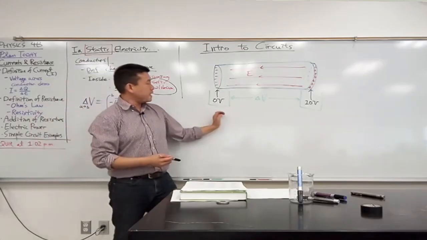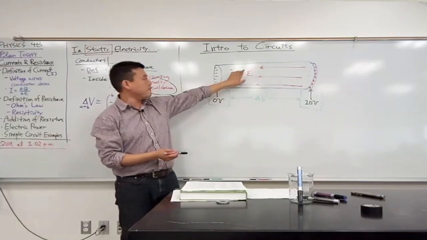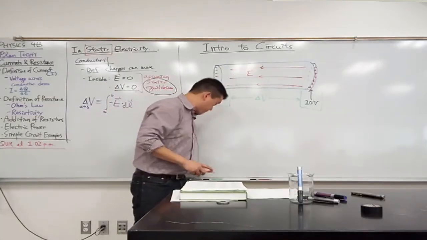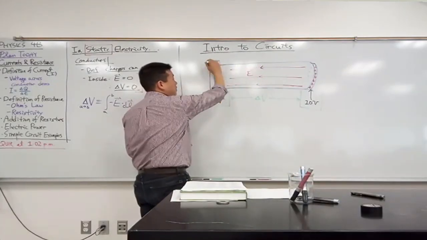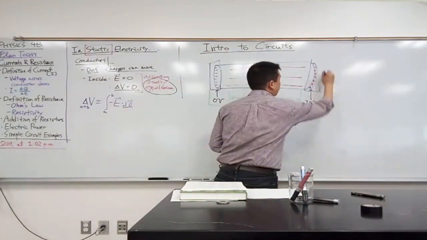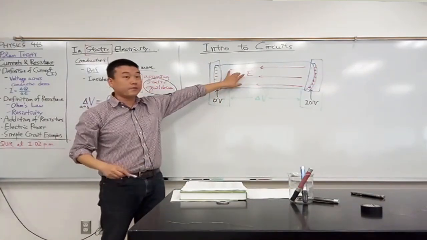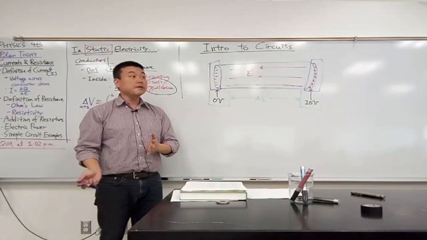So if we have the same voltage difference and we have this electric field, that must mean that we still have this charge separation. Because without this charge separation, how would we have an electric field? To have a non-zero electric field, I must have some charge accumulation somewhere, right?